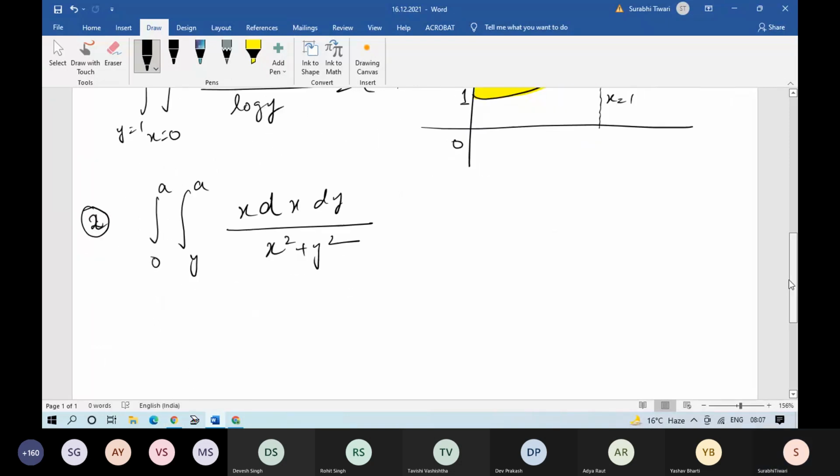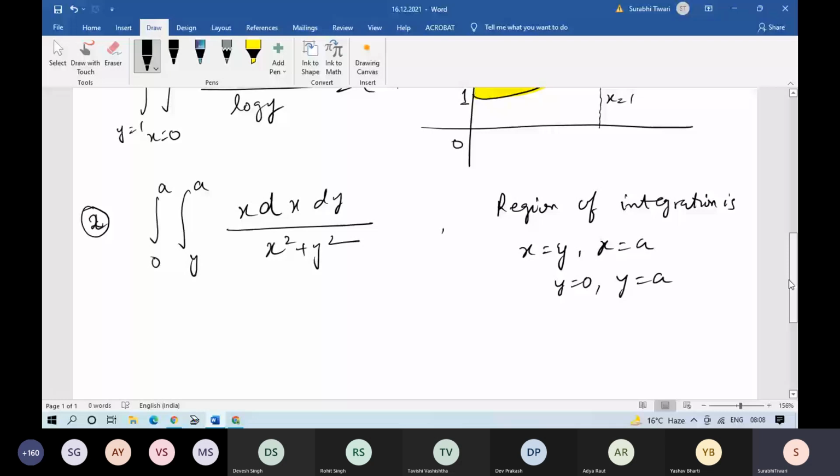Okay, so what will be the region of integration in this? Now this is dx, so these are the limits of x, so the region of integration is x is equal to y, x is equal to a, y is equal to 0, y is equal to a. These are the limits of x because this is dx first, and these are the limits of y because this is dy.